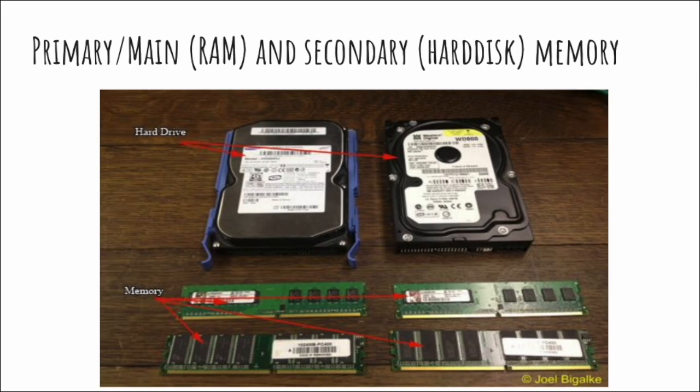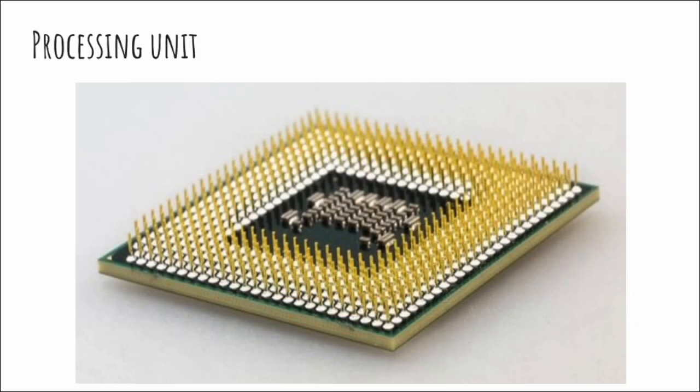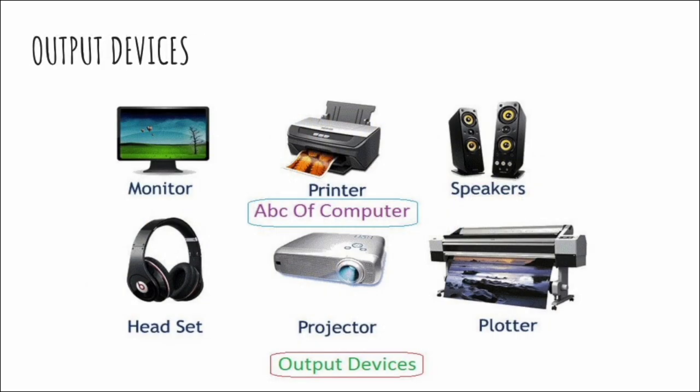So RAM and hard disks. This is primary memory, that is secondary memory. And the processor looks somewhat like this. And these are all various output devices. Almost everything is covered except plotter. There is also a printer. Okay, yeah. So you know most of these things.